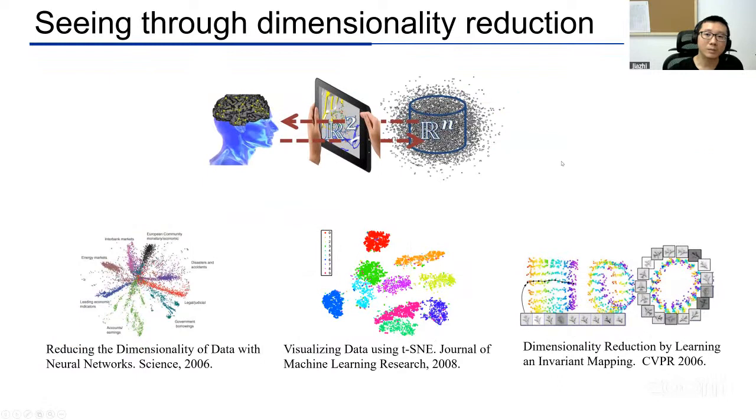In scatter plot-based visualization, the performance of the dimensionality reduction approach is critical. It's also a core topic in machine learning. Many famous researchers have devoted themselves to dimensionality reduction.